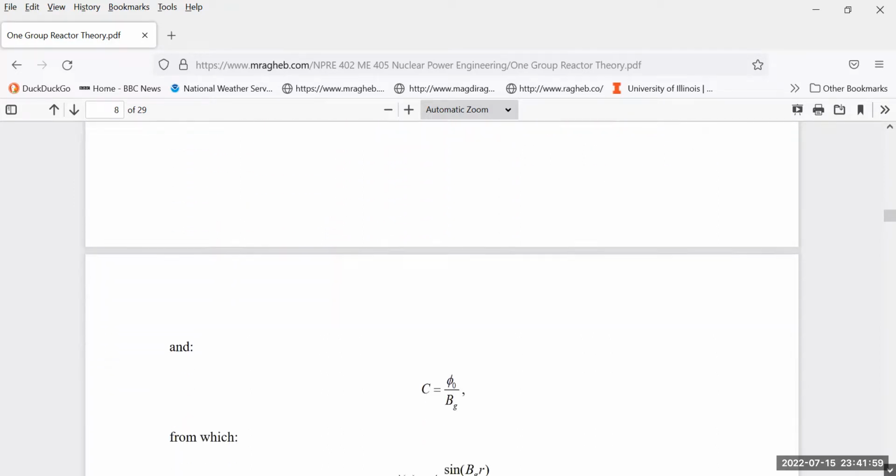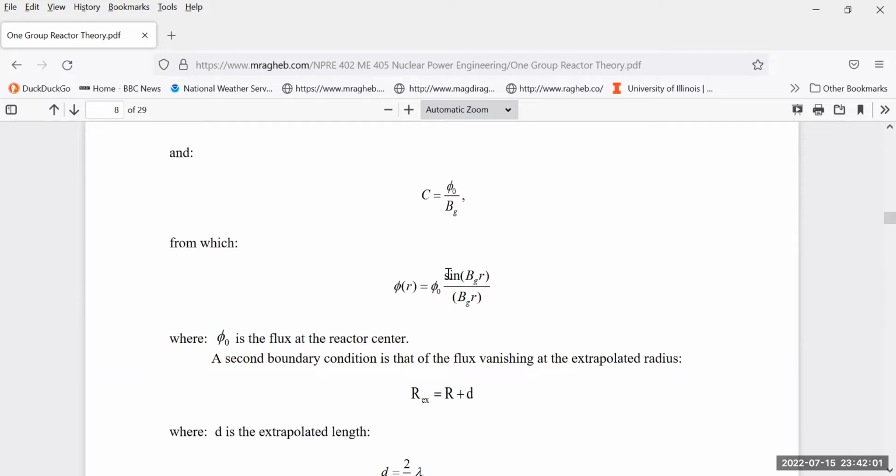And here we have the distribution of the flux in our nuclear reactor if it is a multiplying medium in spherical geometry. It's a sine Br over r kind of distribution. It looks very much like the cosine, but it is in fact peaking at the center of the reactor where most fissions occur, and phi_0 would be the value of the flux at the center.